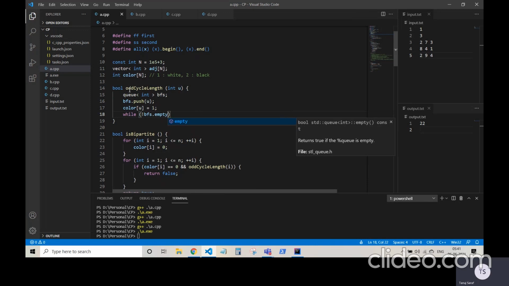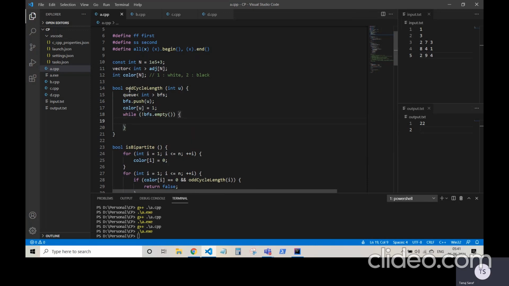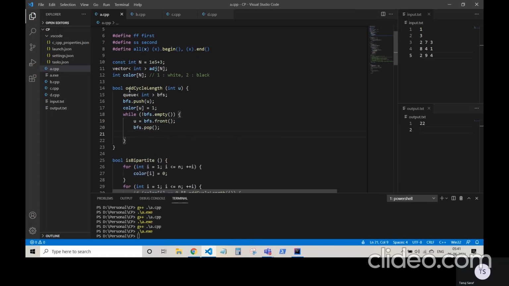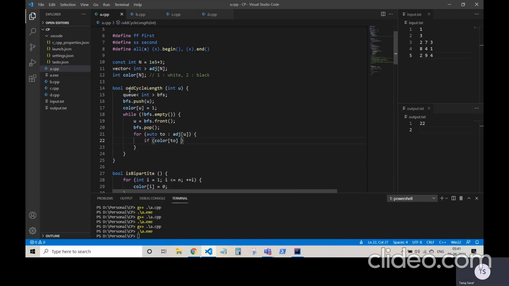While this BFS queue is not empty, we extract the vertex at the front, and then we iterate over all the adjacent neighbors of this particular node U. If this node has not been visited till now, then we can directly assign it the color opposite to the color of its parent.